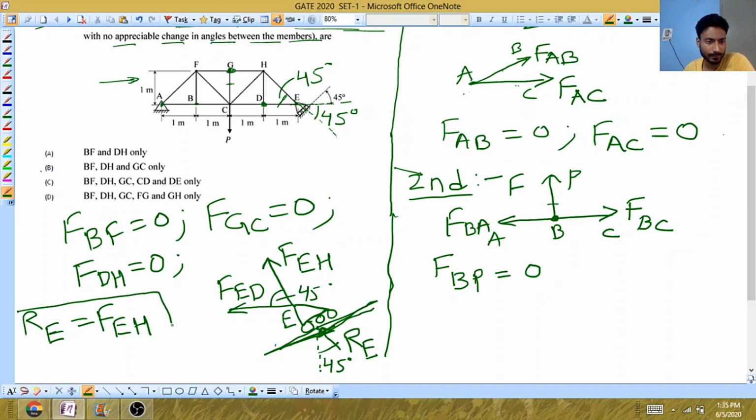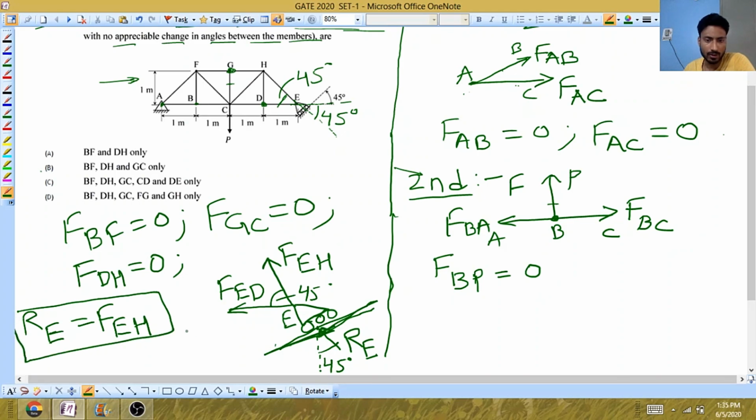Okay. Now if RE is FEH, then this force is left out. Then what will you do with this force? There is no other force to balance this force. So this force needs to be zero. So in this case, FED should be 0.